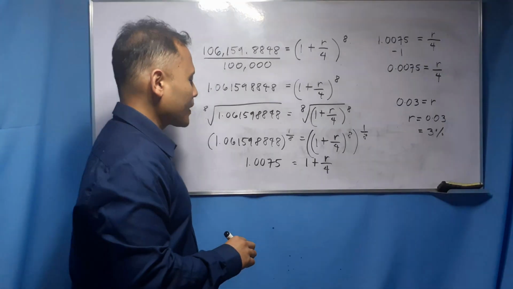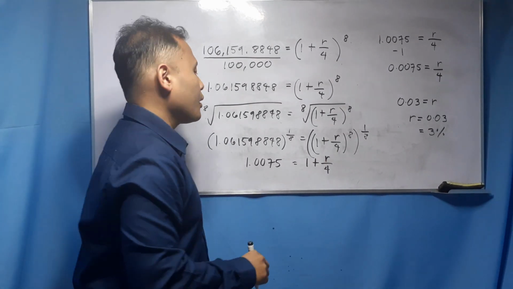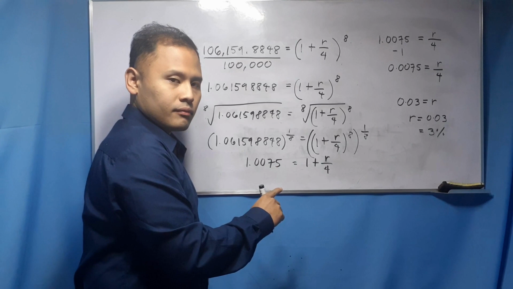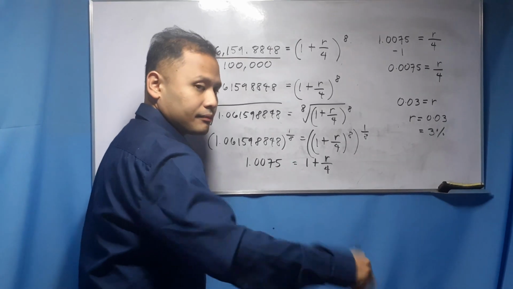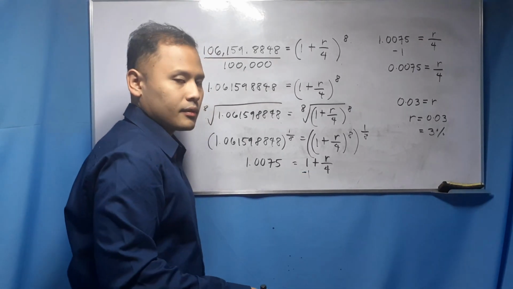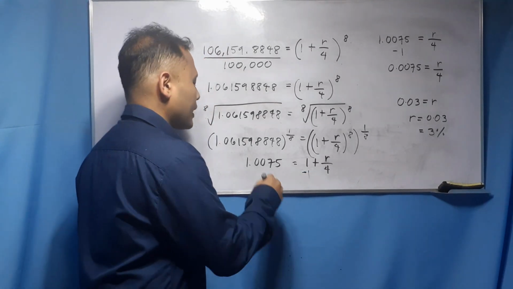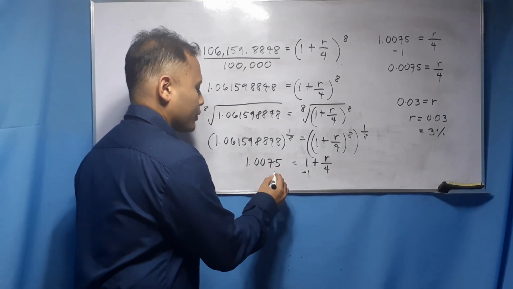Class, since we are really interested to get the value of R, we can remove 1 by subtracting that by 1, minus 1. So we also subtract the left hand side by 1.